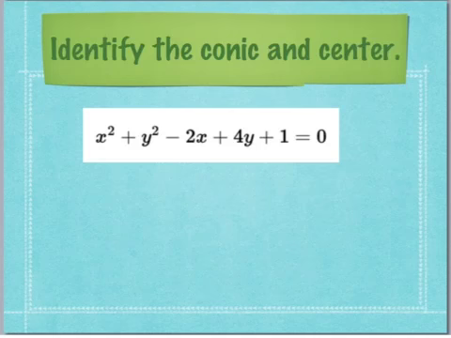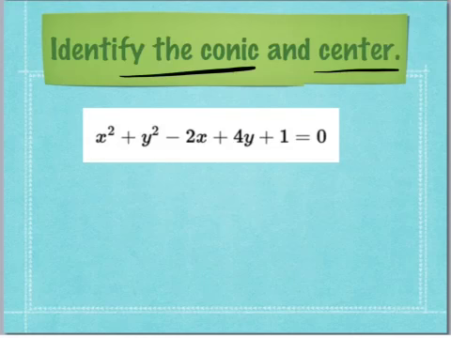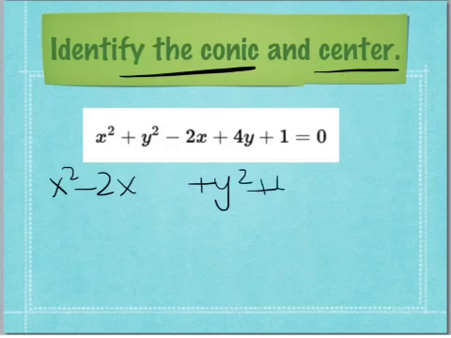So here we have a pretty complicated equation, but we can identify the conic and find its center by reorganizing things. So I want the x squared and the 2x together, and I want the y squared and 4y together. And remember with the conics, we want a single number to be over here. So we're going to subtract the 1 to the other side.